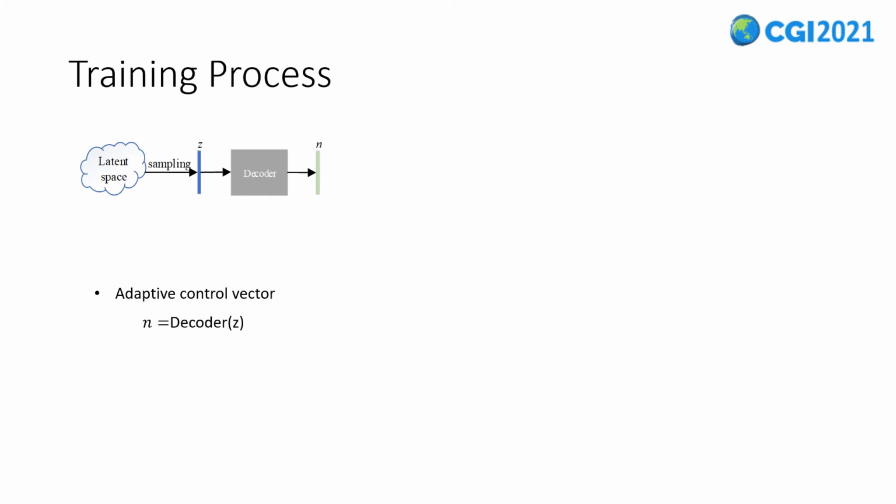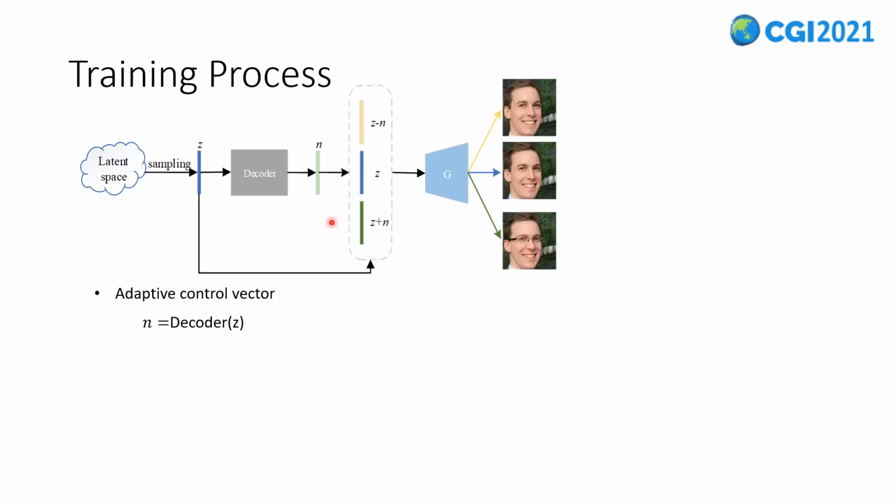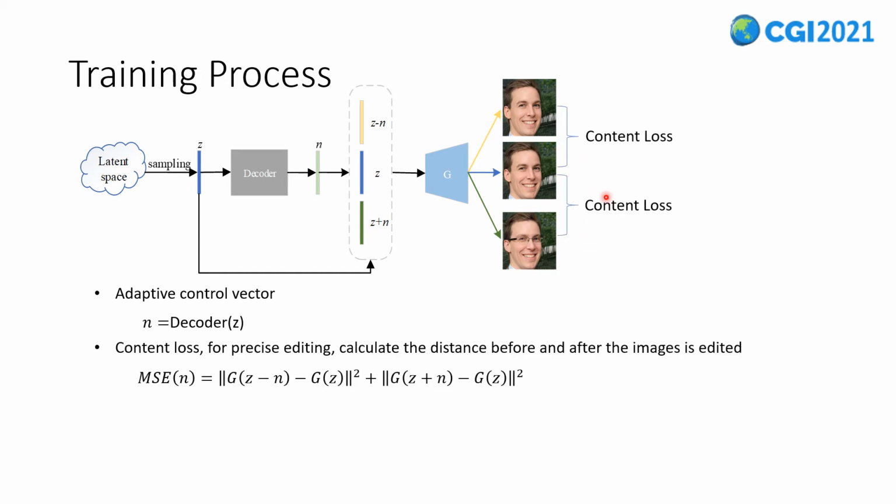In order to train such a decoder, we continuously sample from the latent space, calculate the corresponding control vector, and then modify the latent code. For the purpose of evaluating whether the predicted control vector can effectively control the target attribute, we propose the following loss functions.